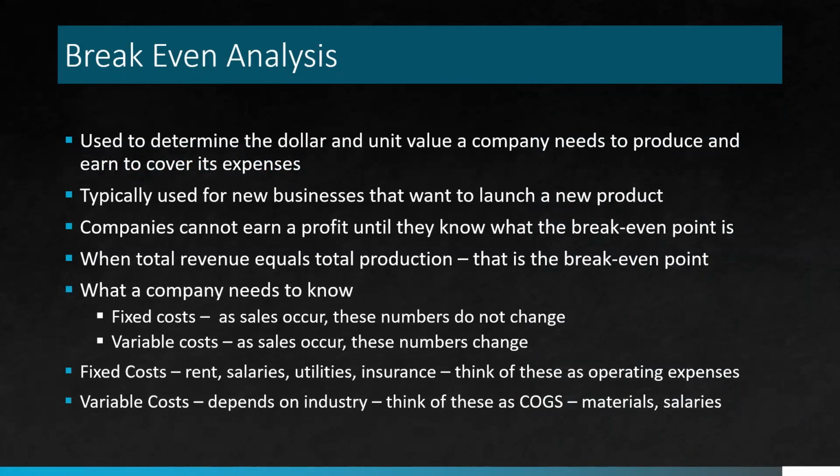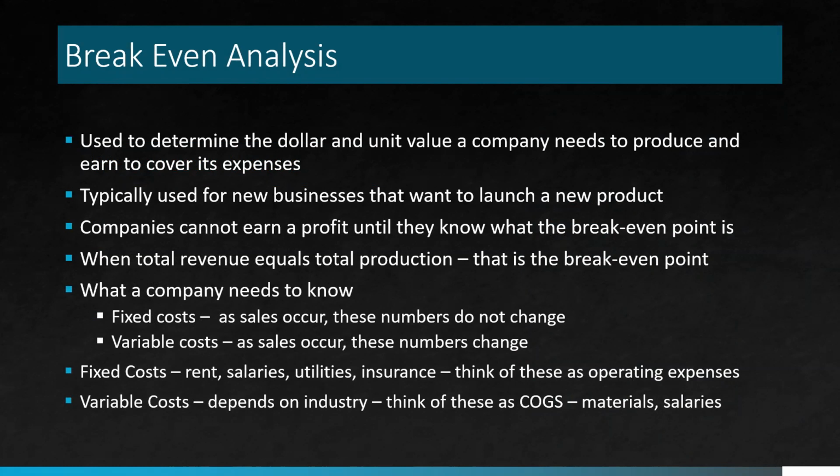When total revenue equals total production, that is the break-even point. And what a company needs to know in order to calculate this are their fixed costs for producing the product. These are costs that do not change. And then they also need to know their variable costs. As sales occur, these numbers change.